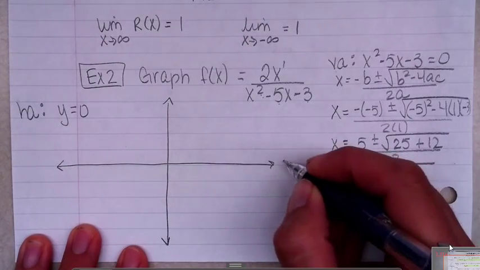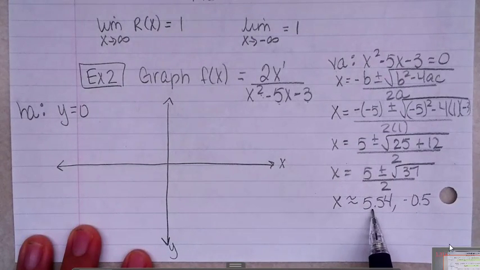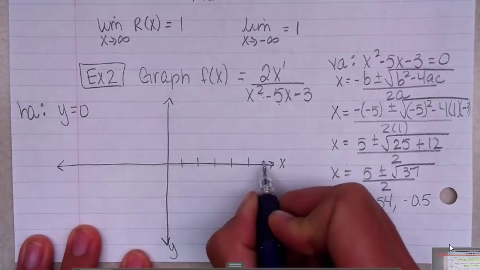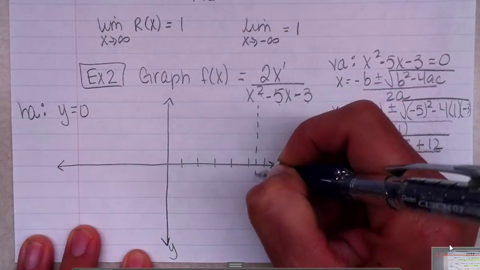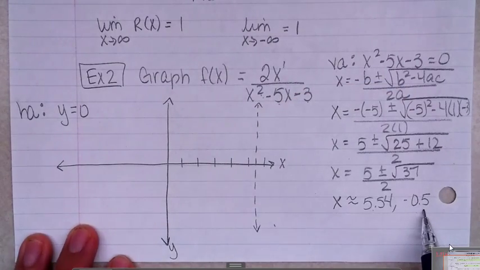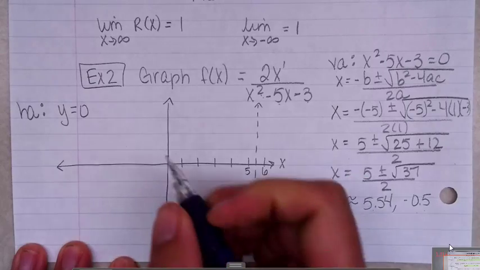Okay, so moving on to the graph of this. My first asymptote is going to be at 5.54, so approximately here. And my other one is at negative 1/2. So this is 5, 6.